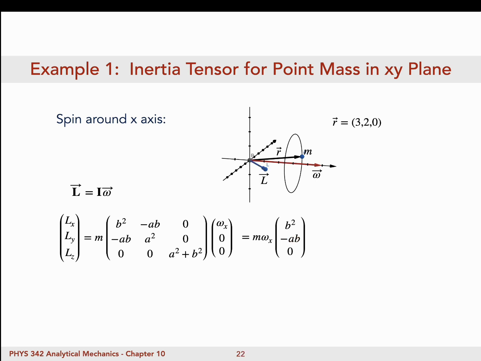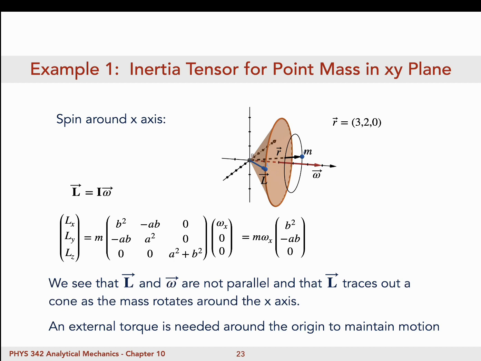So what this means is that the angular momentum vector has both an x and a y component. So it's in the positive x direction, so this way, and a negative y component, so a negative y this way. So it's like coming out this way in the xy plane. So L and omega are not parallel.